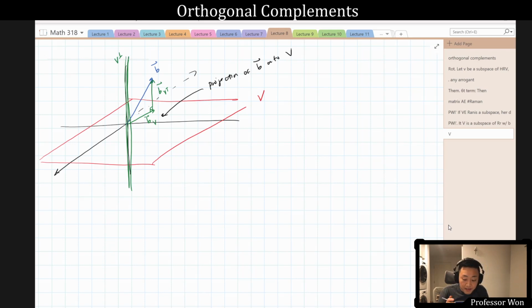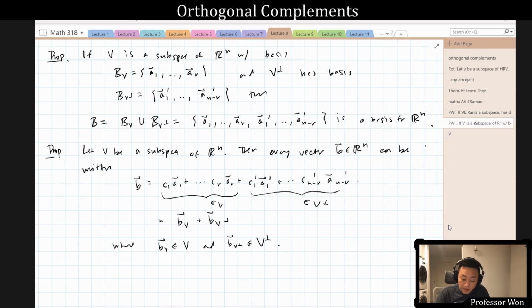Okay, note that there's a good warning in the notes, which is that what this theorem is not saying is that every vector is either in V or it's in V perp. Right? So when I said something like, oh, well, V and V perp sort of fill up the entire space, I'm not saying that every vector in Rn is either in V or it's in V perp.